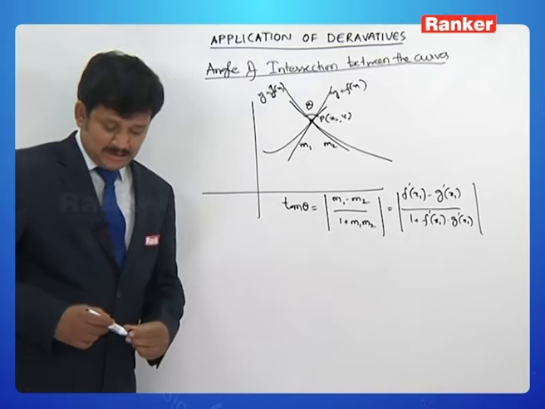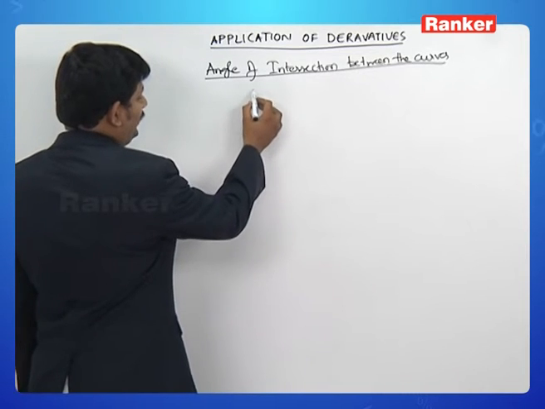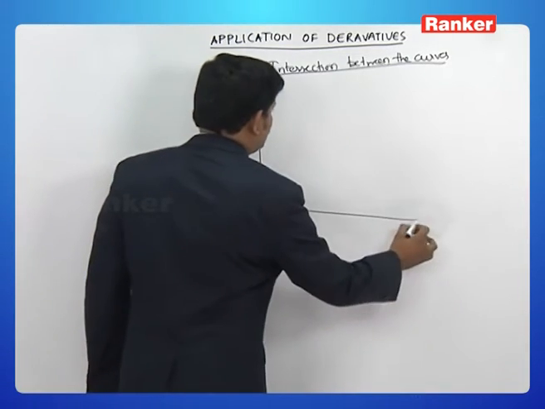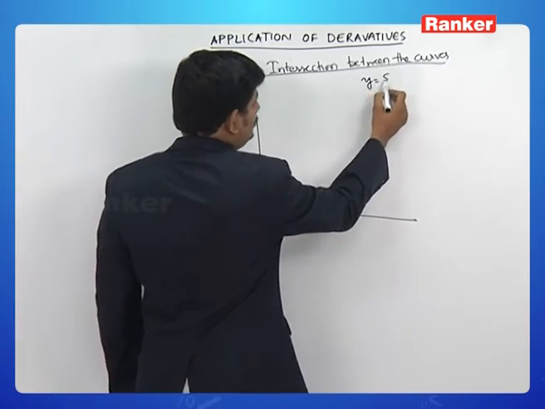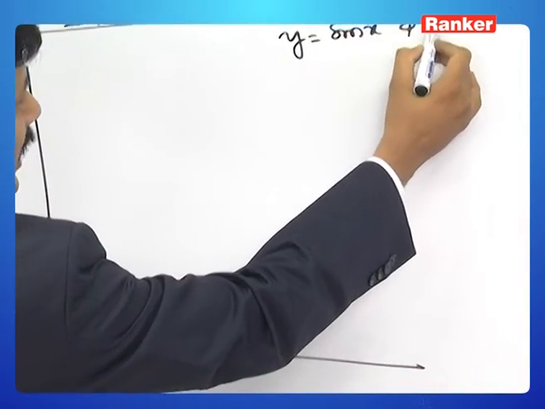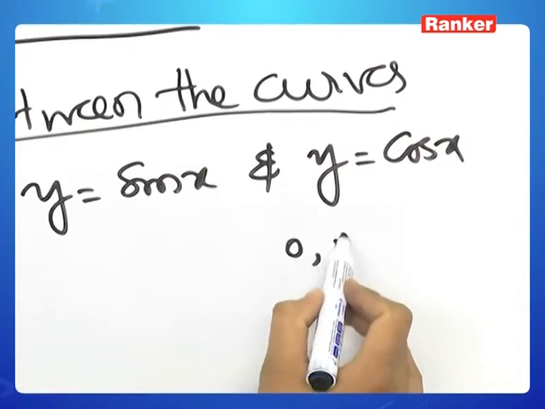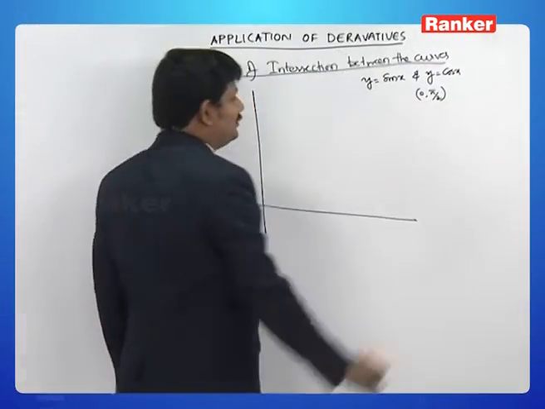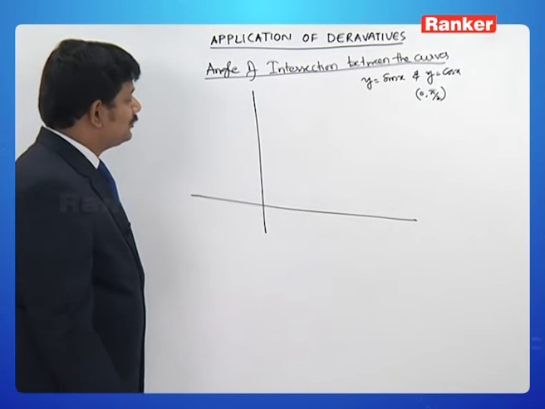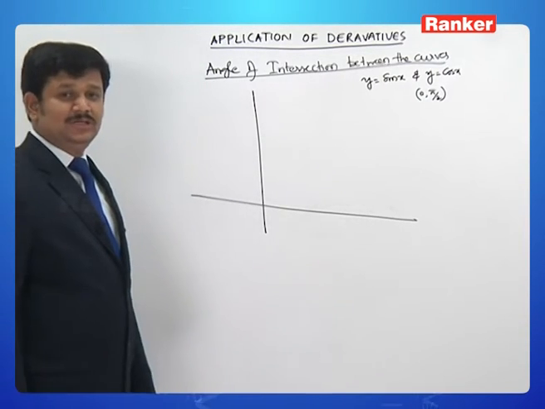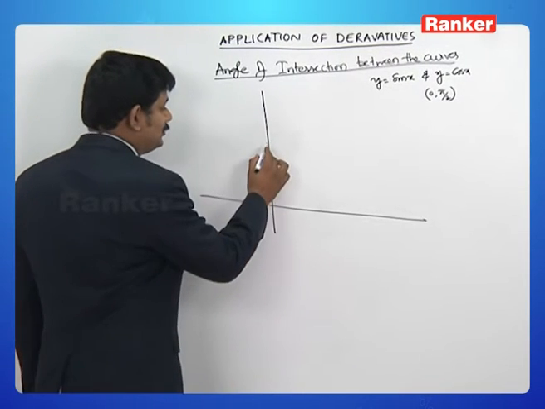Let us look at it by an example. Let us say we want to find angle of intersection of the curves y is equal to sin x and y is equal to cos x between 0 to pi by 2.